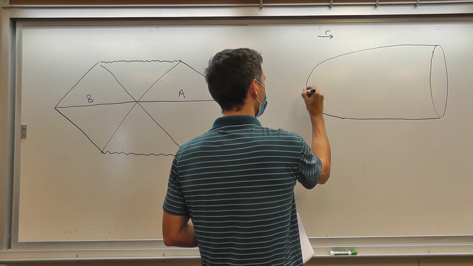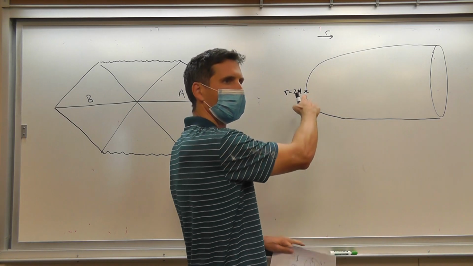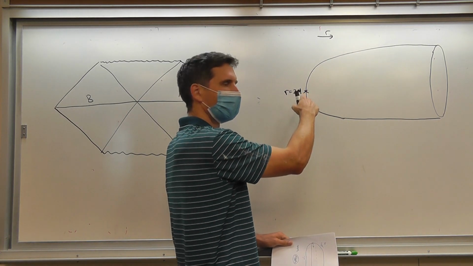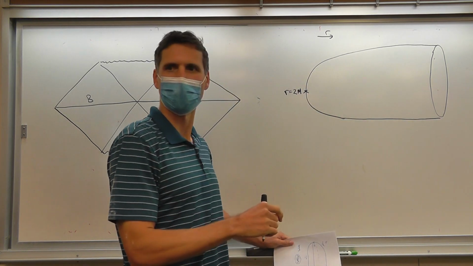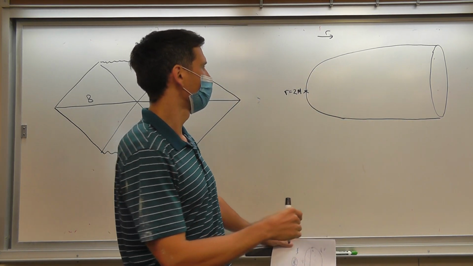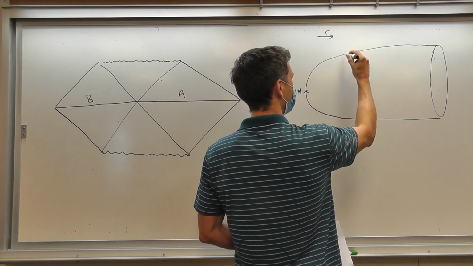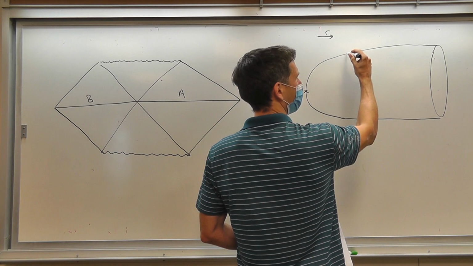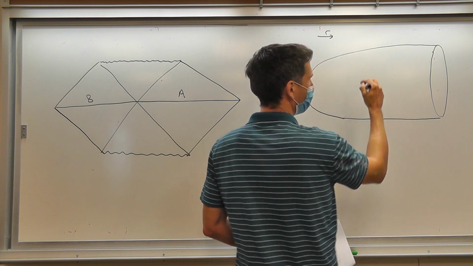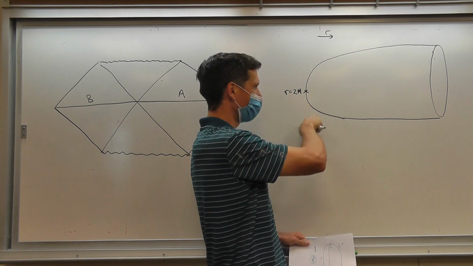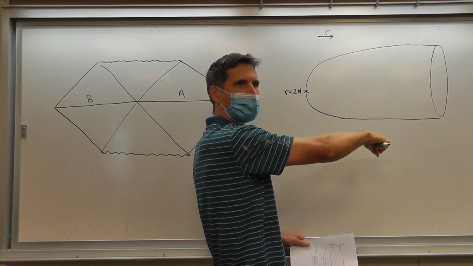So r equals 2m is this point here. If we look locally around this point, then it agrees with our picture for the near horizon. When you get to r a few times 2m, it turns into a cylinder.